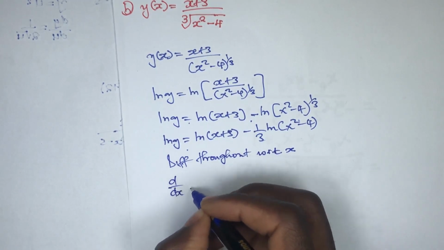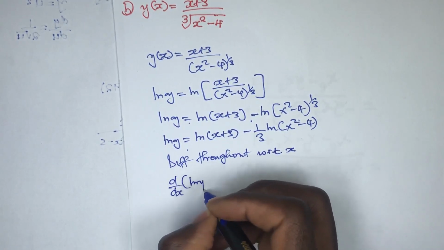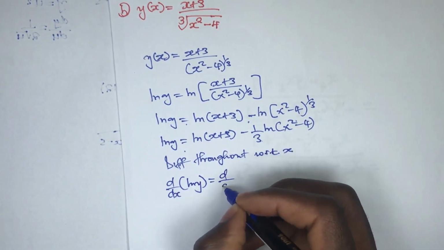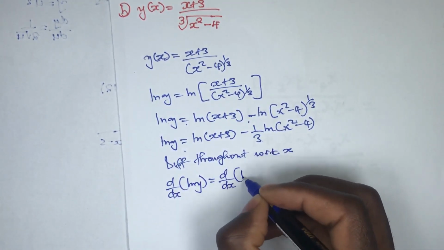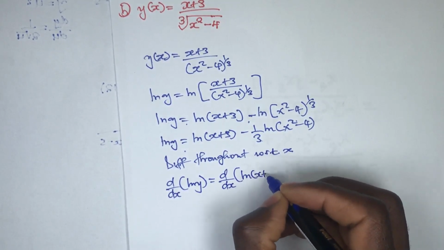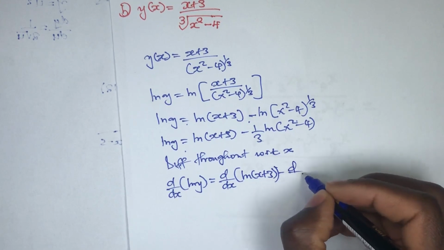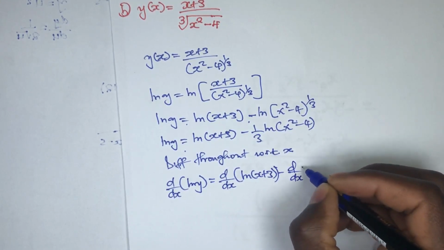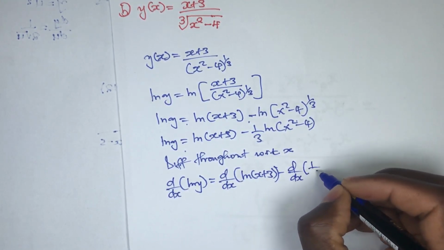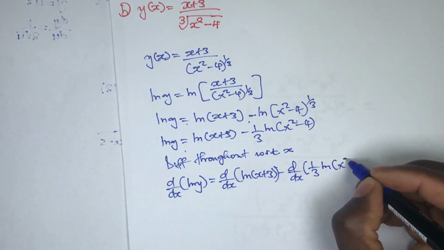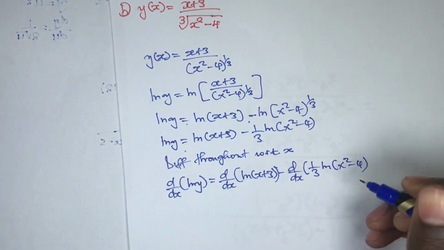Differentiating this function, we have ln y this side equal to the derivative of ln(x plus 3), minus the derivative of 1 over 3 ln(x squared minus 4), like this.